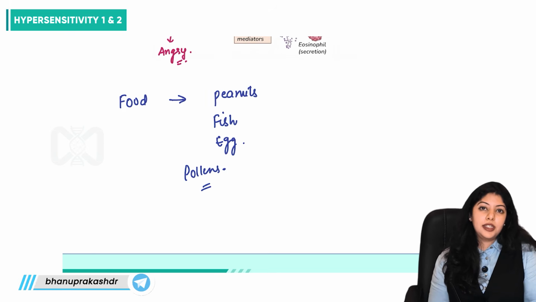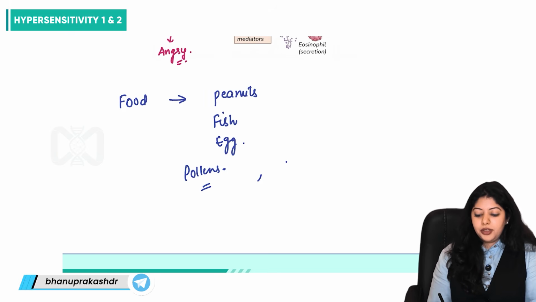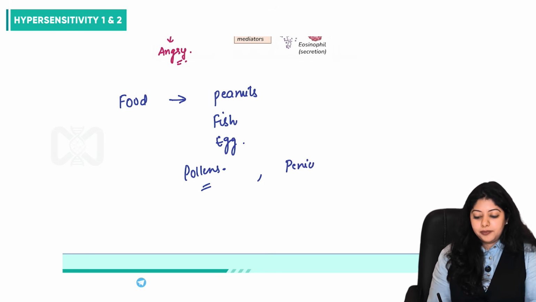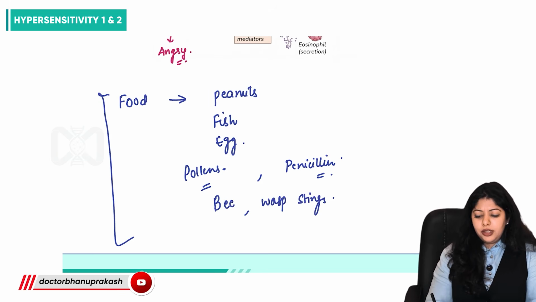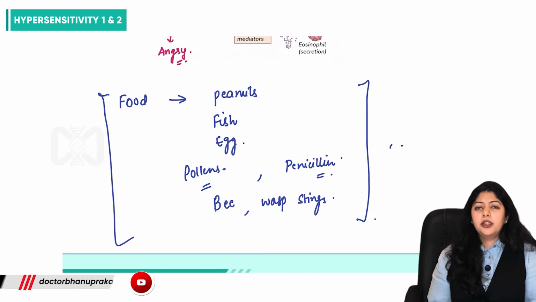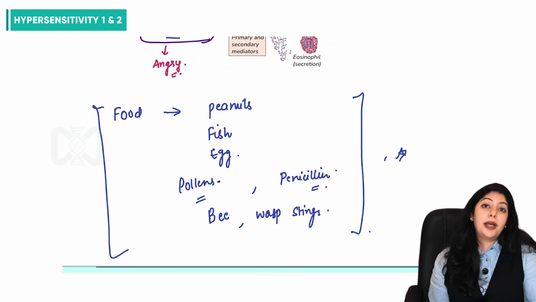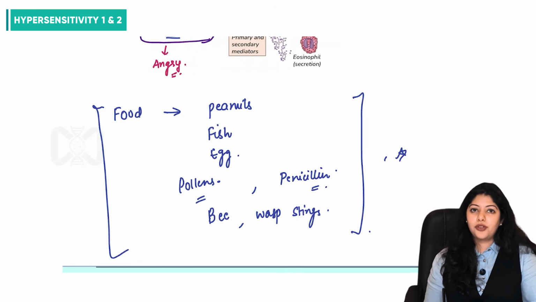Then there can be certain drugs like penicillin, right? And bee stings, wasp stings. These are all the most common allergens associated with a type 1 hypersensitivity reaction.